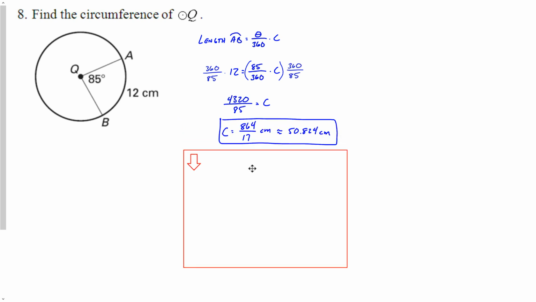And I didn't specify whether I wanted the exact answer or the approximate answer, so either one of these would be fine. You can leave it as 864 over 17 for the improper fraction, or you can give me 50.824 centimeters if you gave me a decimal. But again, whichever one you decide to go with would have to have a label of centimeters.